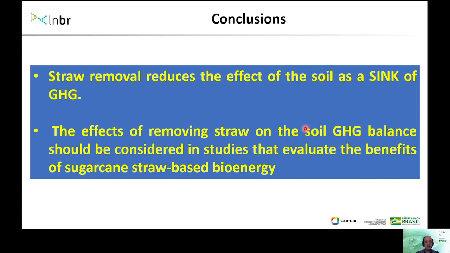So we advocate that these values should be included in future LCA of the bioenergy produced based on sugarcane straw removal.